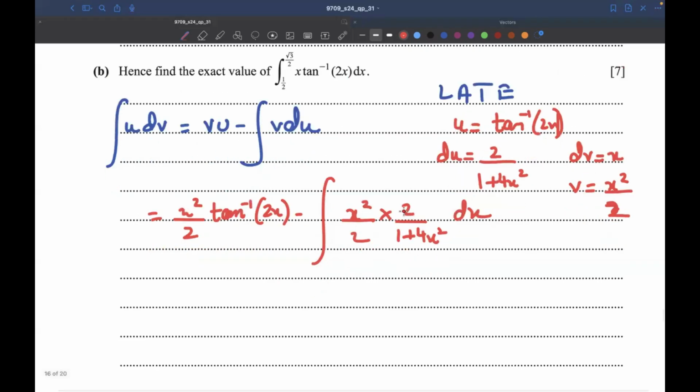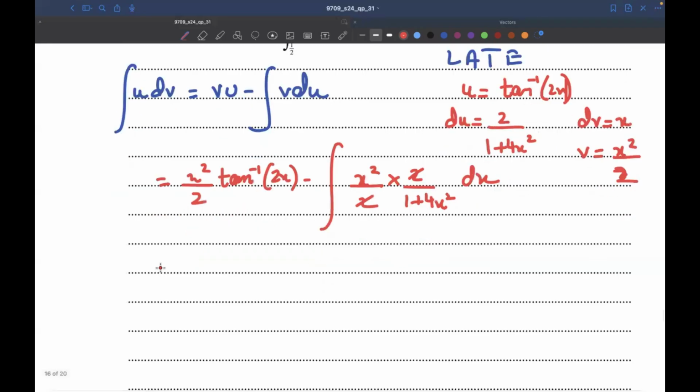Now this 2 and 2 will cancel out over here. We'll get x squared upon 2 tan inverse of 2x minus the integral of x squared upon 1 plus 4x squared dx.